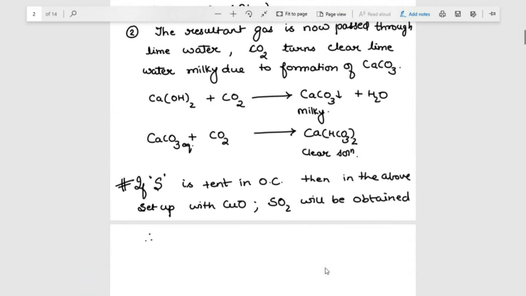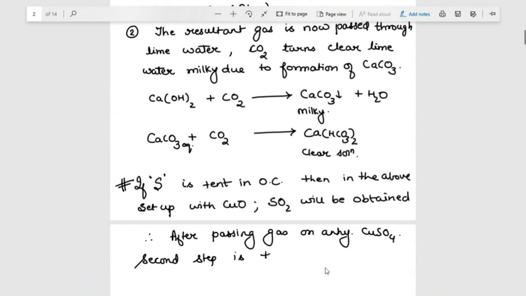Therefore, after passing the gas on anhydrous CuSO4, the second step is through acidified K2Cr2O7 solution.